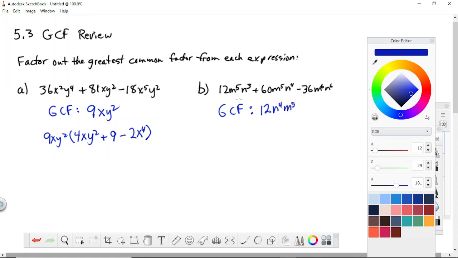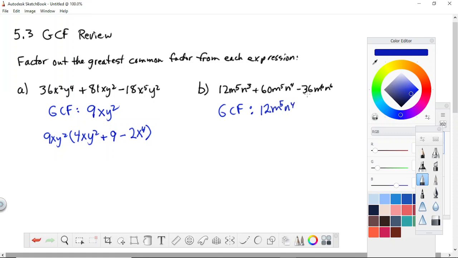Actually, if I had that written down correctly, I would have had m first, so I'm going to reverse the order of those. Usually we put them in alphabetical order. It's not a big deal, and it's pretty easy to change. So we want m to the fifth first, and then n to the fourth.